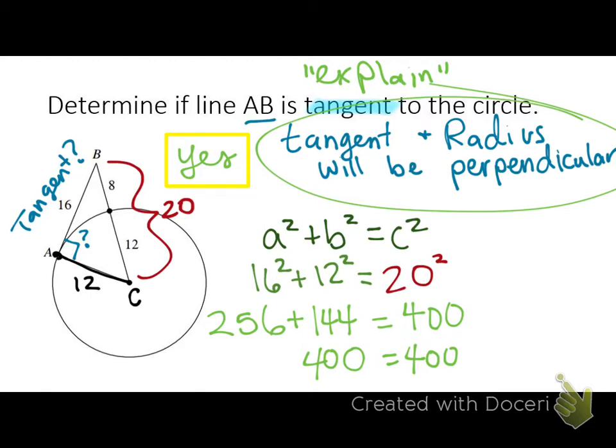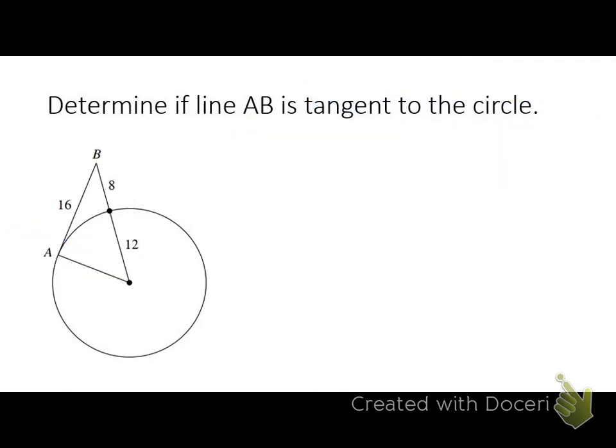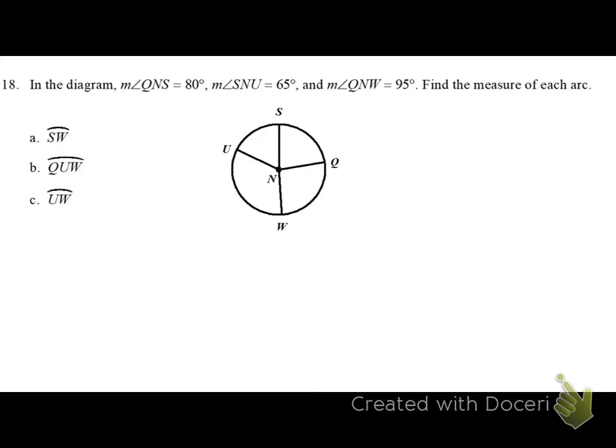So at this point, we're ready to play our game. Go ahead and take out a whiteboard marker and an eraser. All right, so we're going to start with this question.